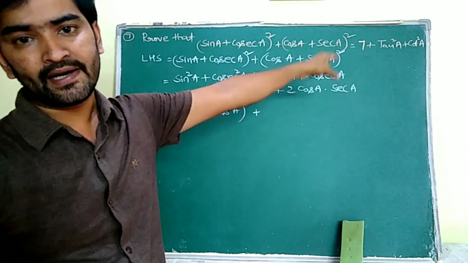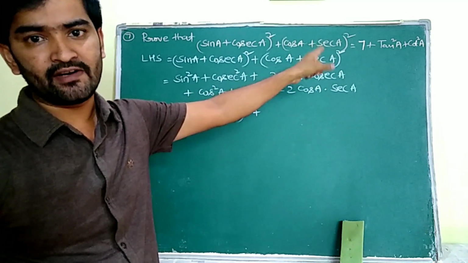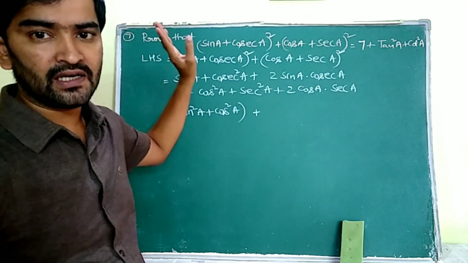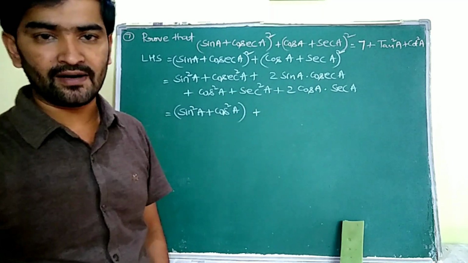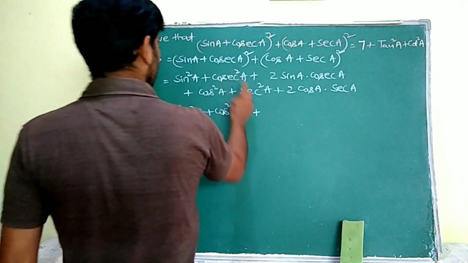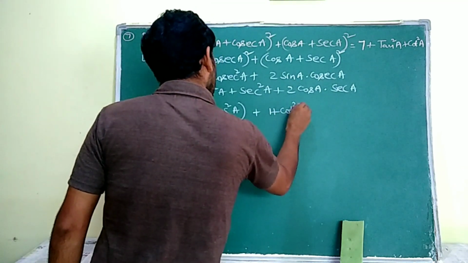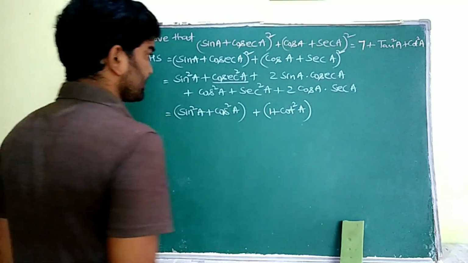Because the RHS value is in terms of tan and cot. That is 7 plus cot square A plus tan square A. For that, I have to convert all the remaining trigonometric ratios into the terms of tan and cot. So, this cosecant square A, we know that it is 1 plus cot square A. So, in the place of cosecant square A, I am going to write 1 plus cot square A.